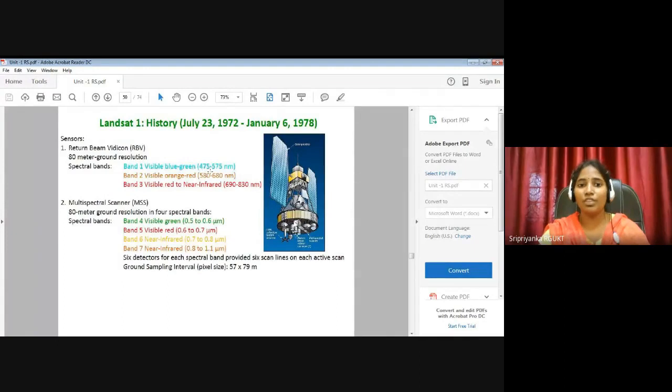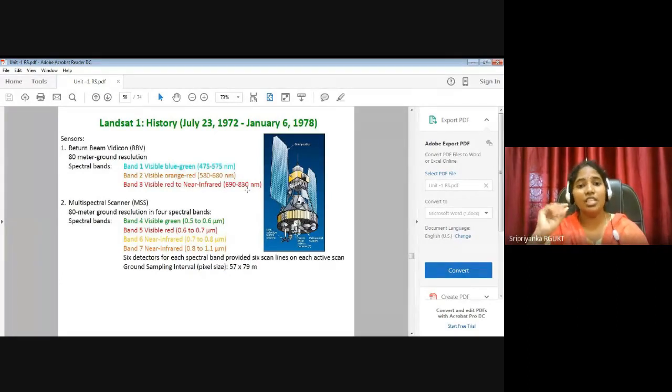The range is 475 to 575 nanometer, which is nothing but 0.47 to 0.57 micrometer, in the notation we have seen earlier. Next to that you have band 2, which is 0.58 to 0.68, and band 3 is visible red to near infrared, which is 0.69 to 0.83. So which portions are we covering?